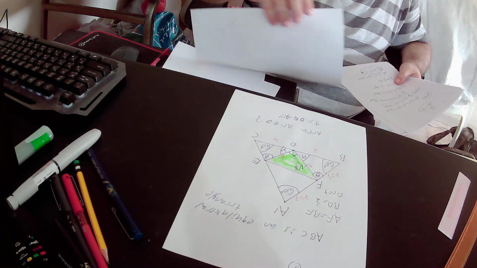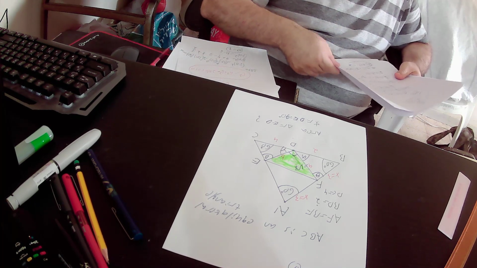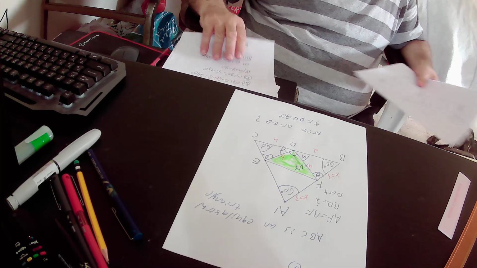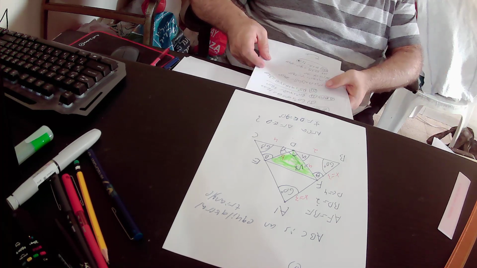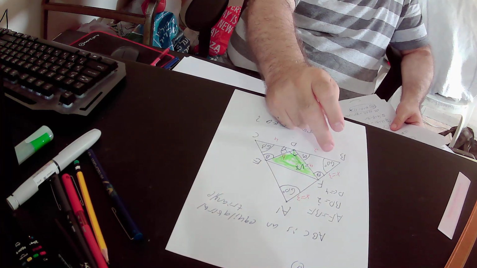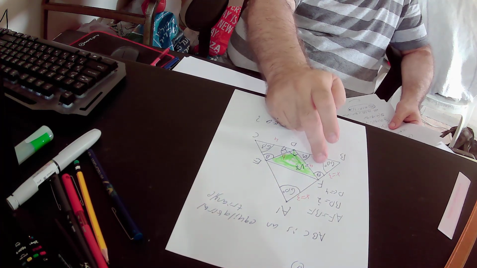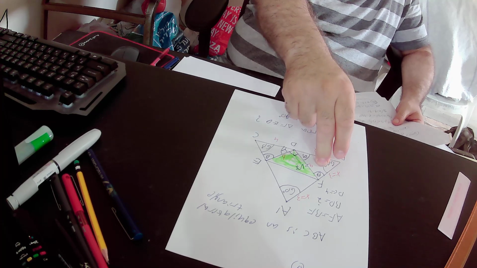Okay, and then we created equation number 1 that states that the sum of the angles in triangle BFD is equal to 180 degrees.